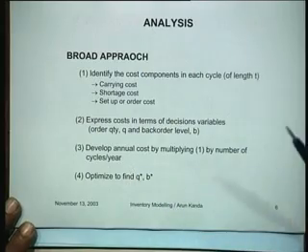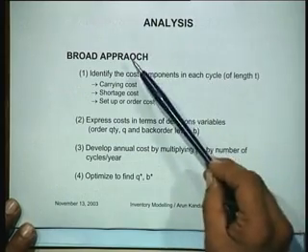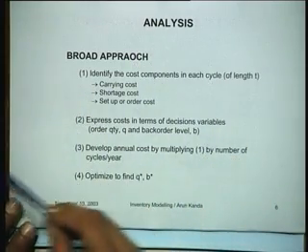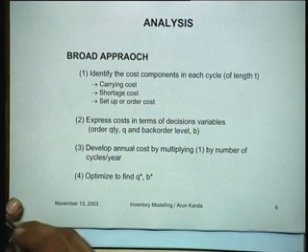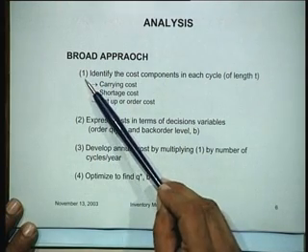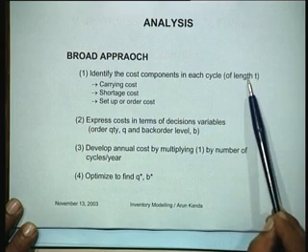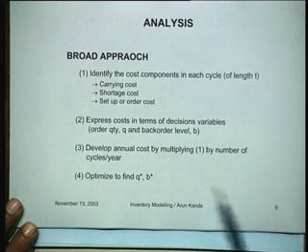The broad approach to the analysis is summarized in these steps. In order to solve the lot sizing problem in cases 1, 2, 3 and 4 that we have considered so far, the first step is generally to identify the cost components in each cycle of length t. It's a cyclic cost behavior.